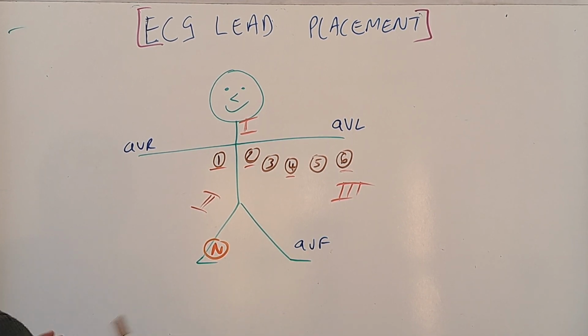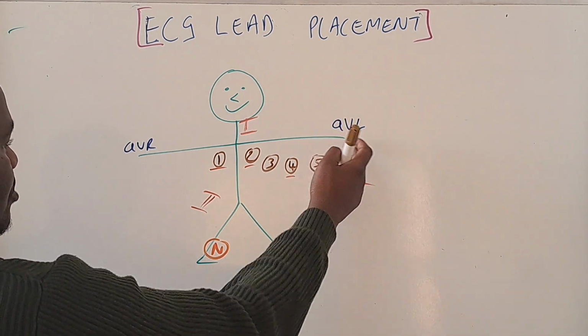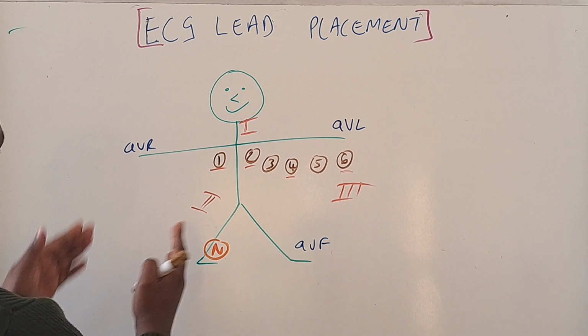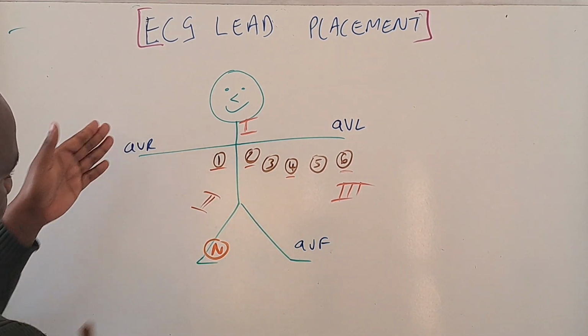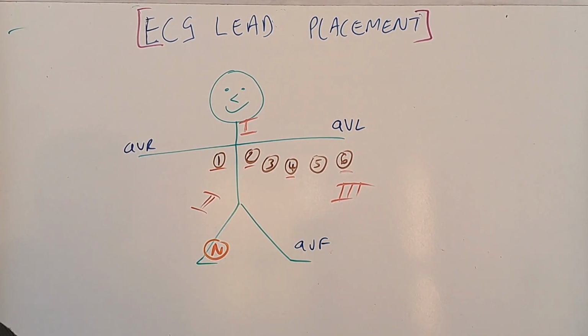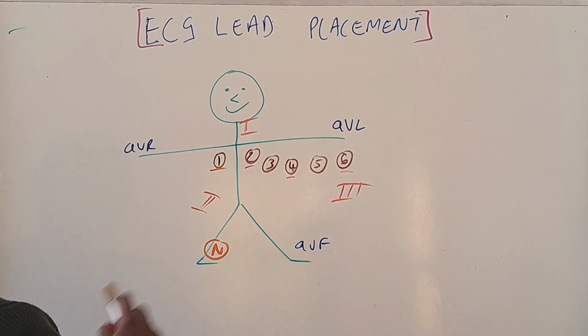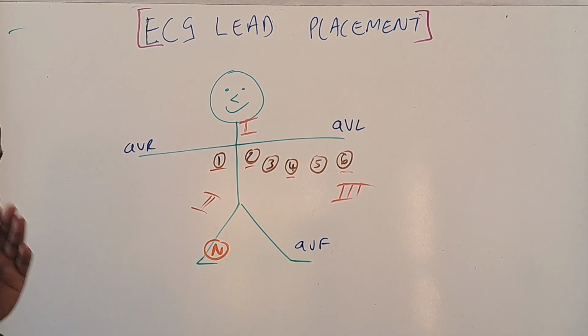Like I'm saying, it's a potential difference between this one and this one. It gives us this one. Potential difference between this one and this one gives us this one. Potential difference between AVR and AVF gives us lead 2, right? That's why we've got a 12 lead ECG. So you don't count the neutral on the 12 lead, because remember, the neutral is just an earth.